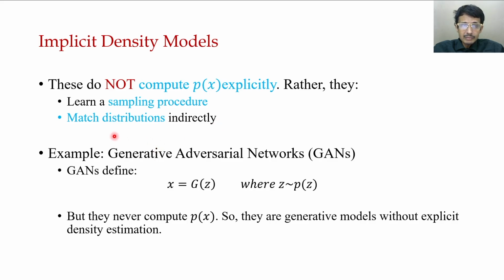So one of the most popular examples is generative adversarial networks.